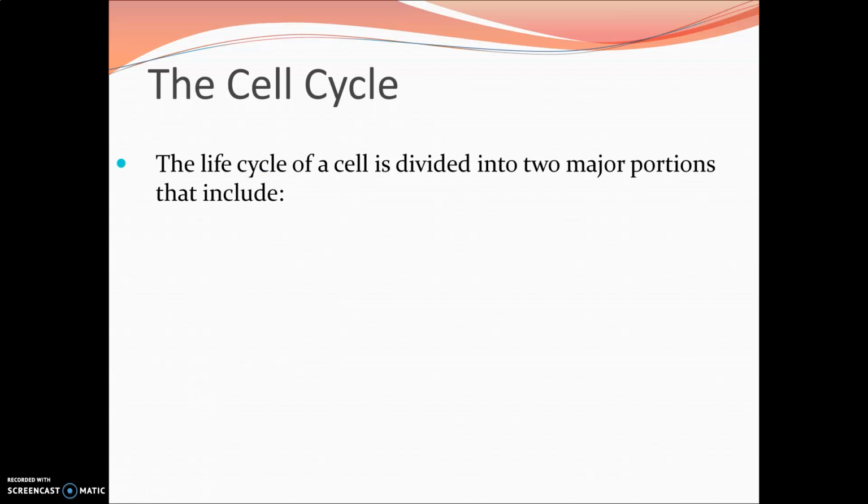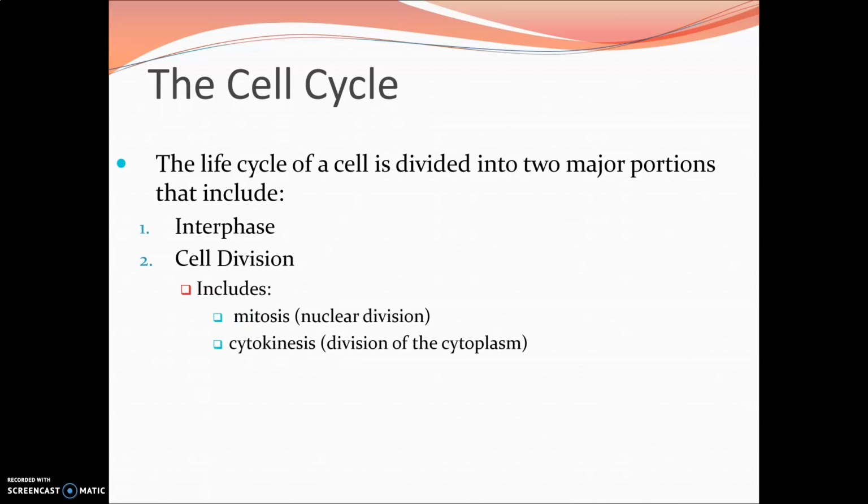So the life cycle of a cell is divided into two major portions. Those two major portions are first interphase and the second is cell division. Now, cell division includes a couple different parts. The first part of cell division is mitosis.